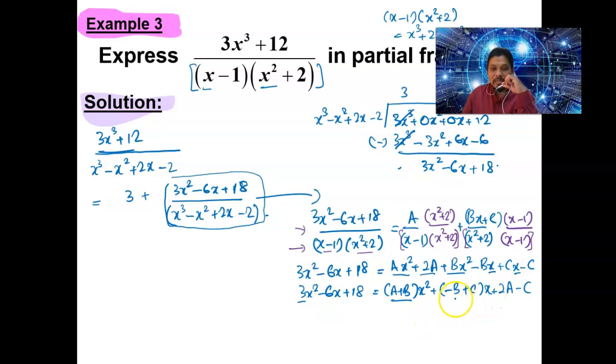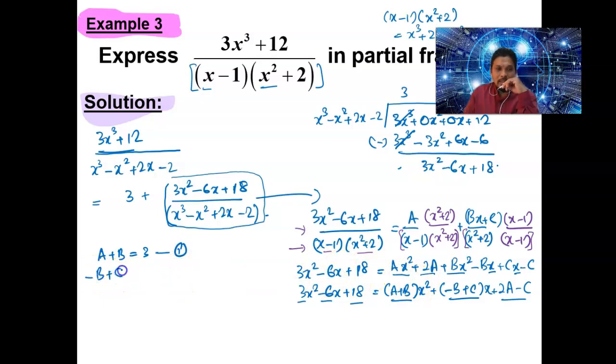The coefficient of x, negative B plus C with negative 6. And 2A minus C with 18. Okay, so let's try. First here, A plus B equal to 3. Equation 1.